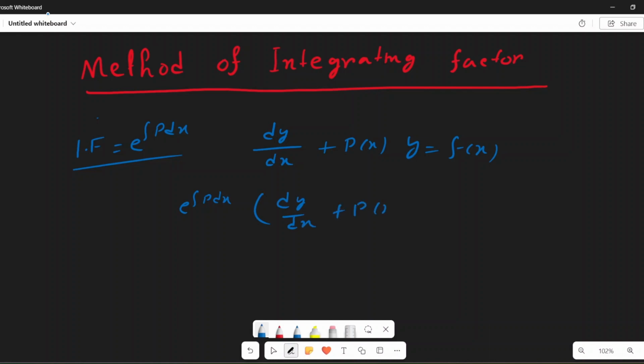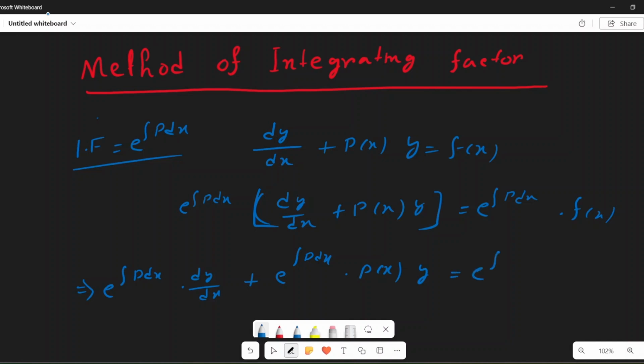Now let's multiply both sides with e to the power integration of p dx: e to the power p dx into dy/dx plus p(x) y equals e to the power p dx f(x). Now look, this can be written in that form: e to the power p dx dy/dx plus e to the power p dx p(x) y is equal to e to the power p dx f(x).